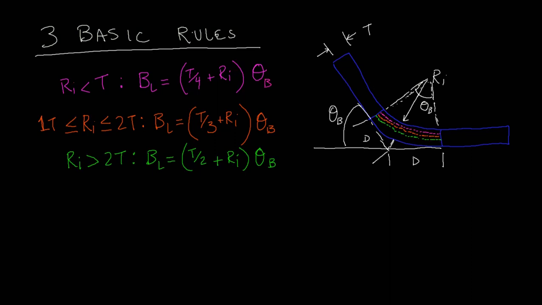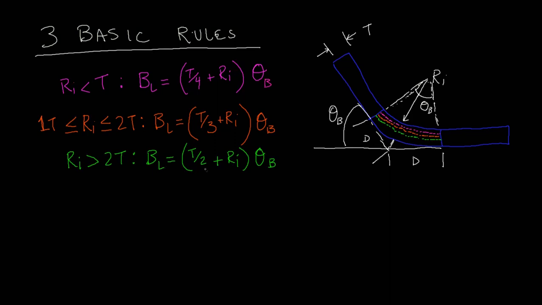All right, so really if you look at this formula, we're adding the inside radius to the distance to the neutral axis, which occurs at some point of the thickness. So this would be the maximum. Your bend length approaches your Ri as it gets tighter, and then it approaches the thickness divided by 2.